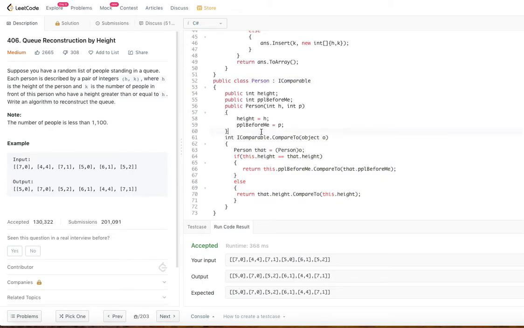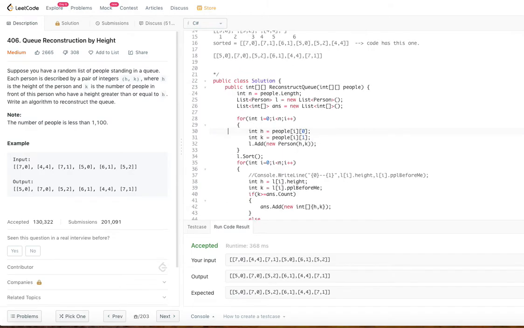So now let's go back to the original code and look at it. We have these two lists, where one is a list of persons and there is an answer list which we are going to return. The first for loop goes through all the people and builds the list of persons. Now that we have built it, we sort them.